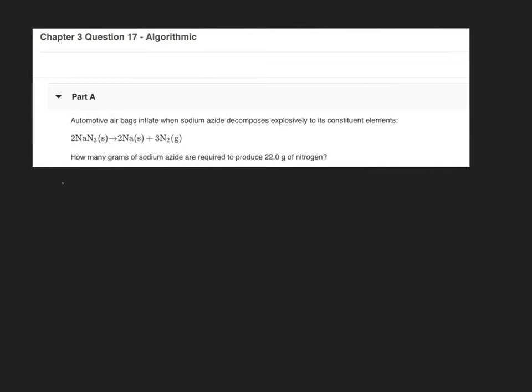So what we'll look at is we'll take our 22 grams of nitrogen and convert that into moles. I'm going to do some simple calculation and utilize the fact that I know that it is 28.02 grams of nitrogen, N2, for 1 mole of N2.